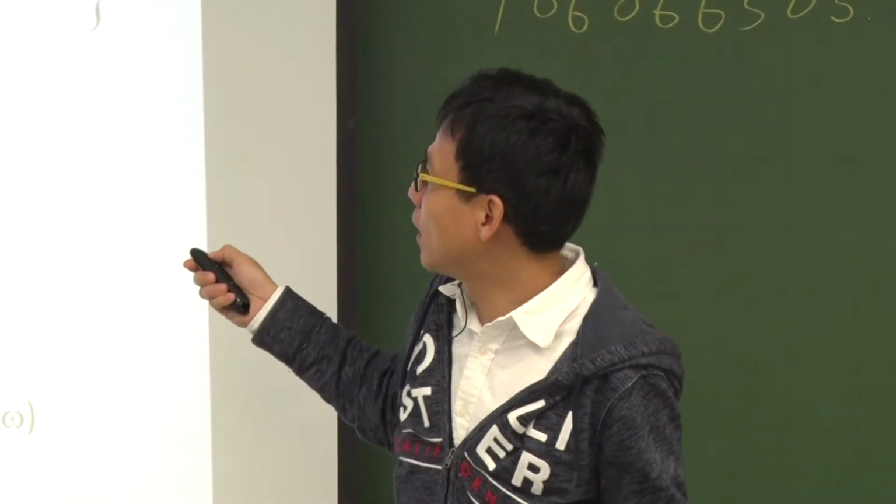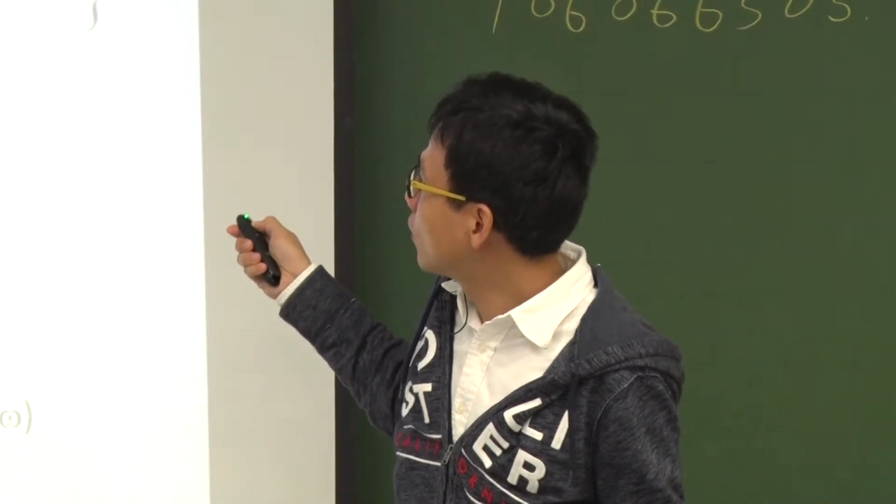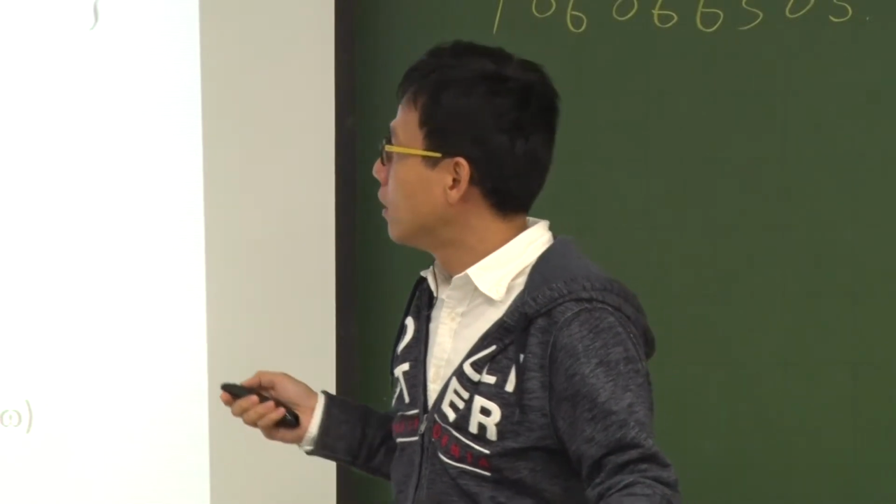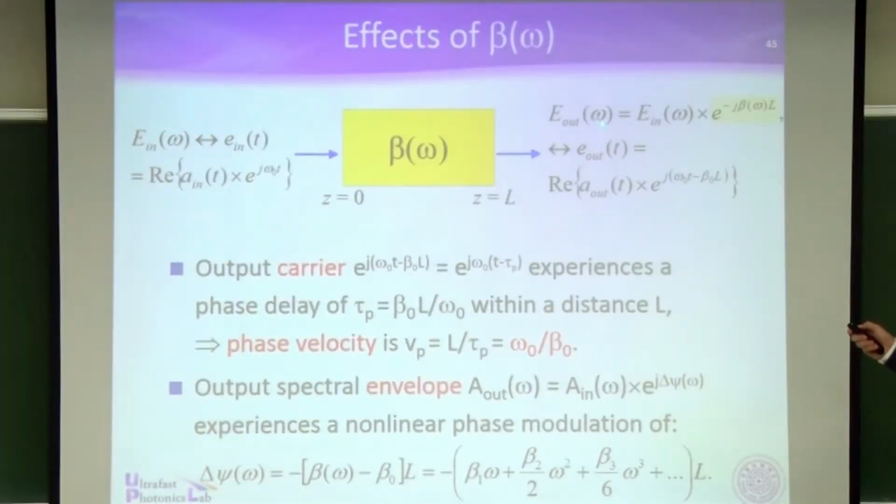That's right. The output is the input times a transfer function. This is the transfer function. But if the total spectrum is related by a transfer function relation, so is the spectral envelope function, right? The spectrum of small a is called big A, and big A of the input and big A of the output are also related by the same transfer function relation. Okay, so that's it.